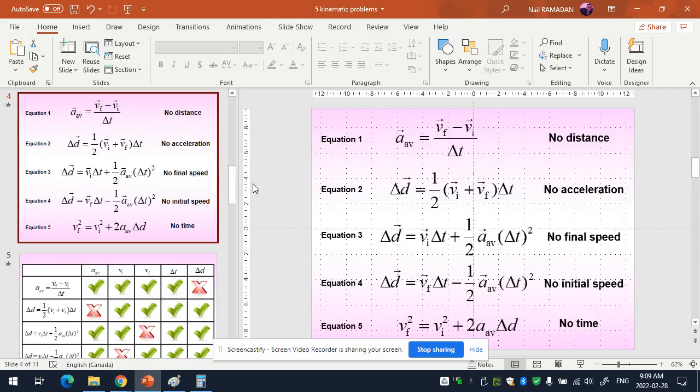What would happen to every equation if the acceleration is 0? Forget the first equation. What would happen to this equation if the acceleration is 0? What would vanish? What would go away? The whole thing, right?